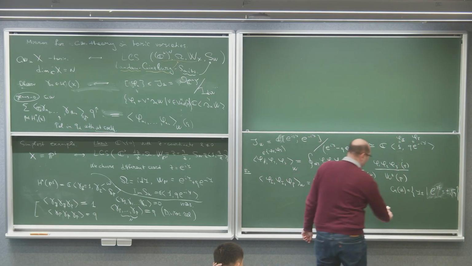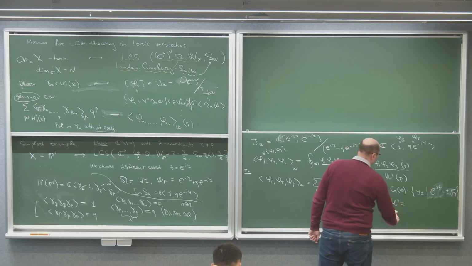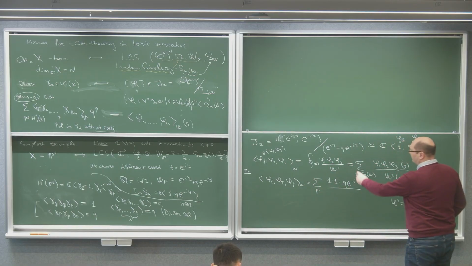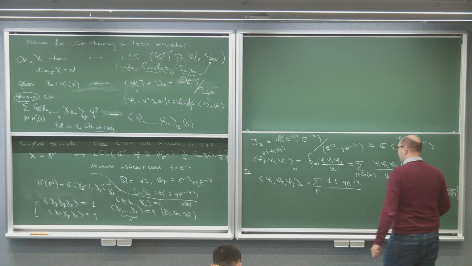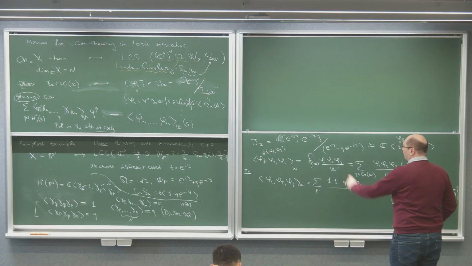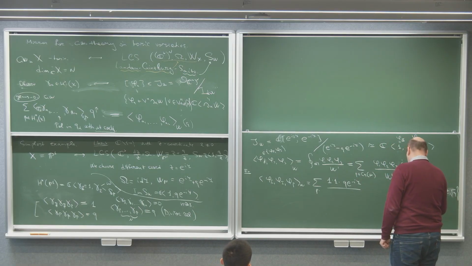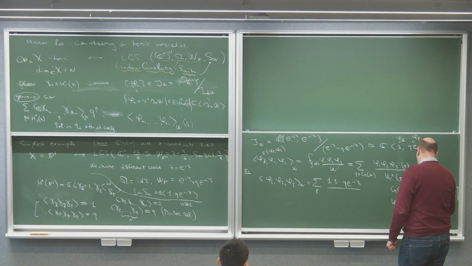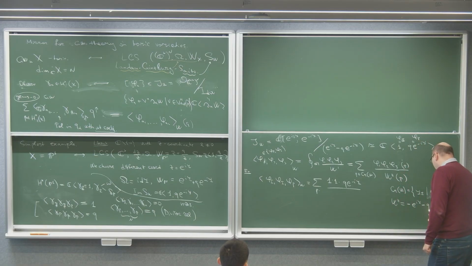And W double prime is what? We need to take the second derivative of this. That will be minus e to the iy, and here minus q e to the minus iy.